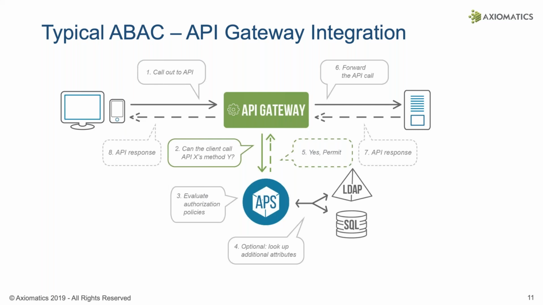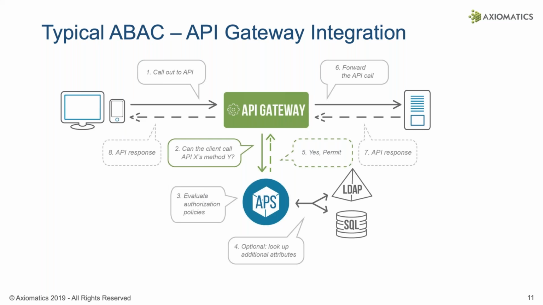And in number 5 here, we get a yes, or more technically, a permit decision that gets sent back to the API gateway. And the gateway then acts on that decision. If it's deny, it would probably stop right there and return an access denied or something like that response back to the caller. But in this case, it's permit, so the flow can continue.